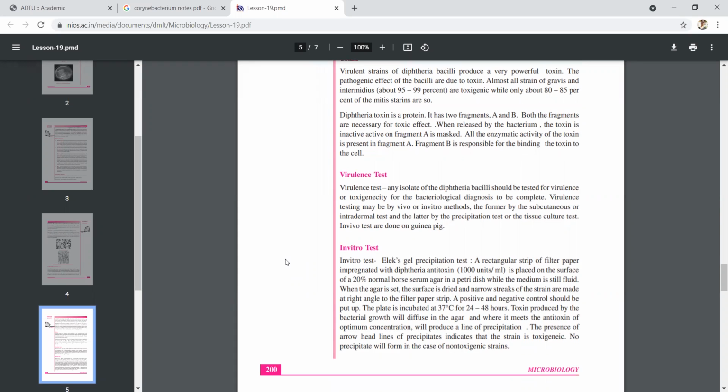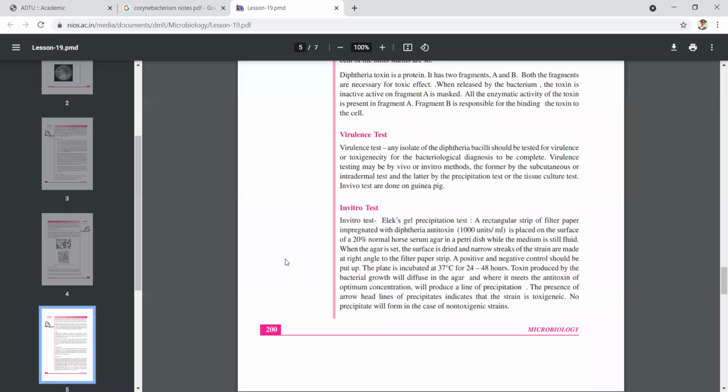In vivo, as I told you, is done intradermally when you are injecting the toxins into the human being or the host. After injecting that, the reaction on the skin is determined. That is the in vivo test.